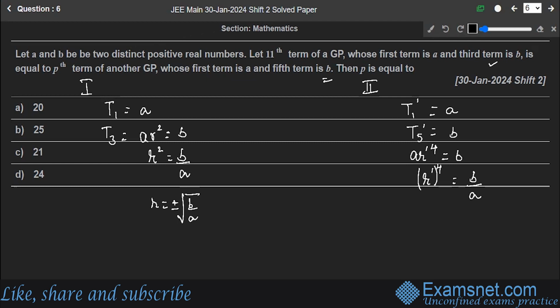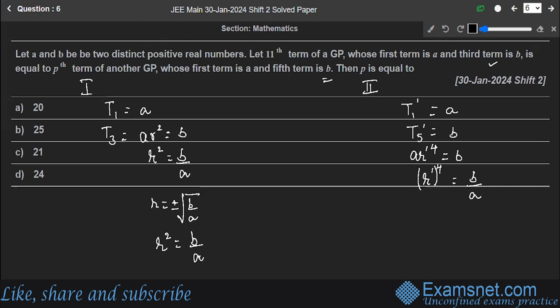Now, this is the case for the second term, correct? And this is root B by A, or you have this as R square, correct? What I'll do is I'll fill in this equation B by A is equal to R square. So what do you need to find out?